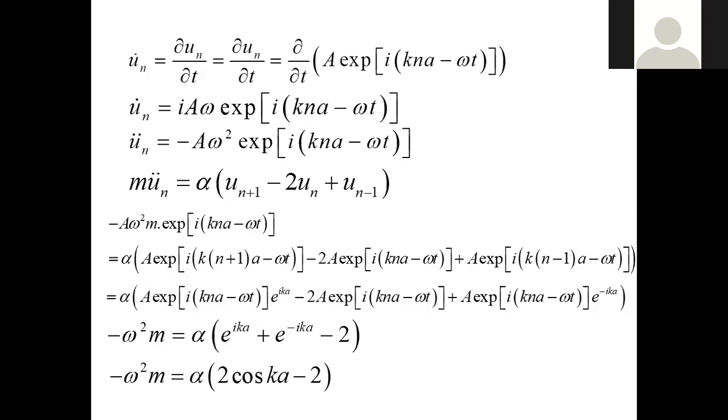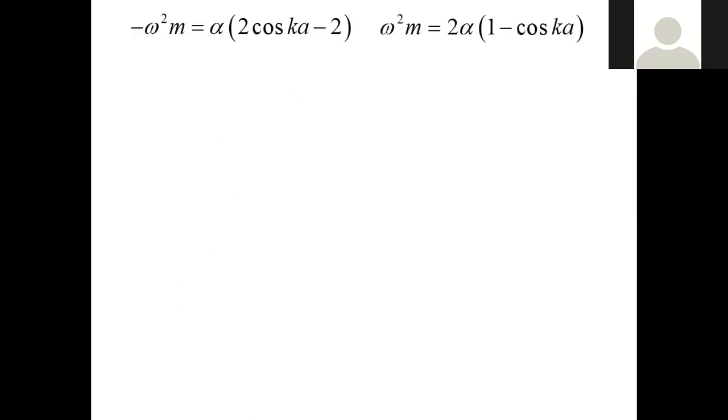So the dispersion expression comes as minus omega square m is equal to alpha within brackets 2 cos ka minus 2. Now, if you take 2 as a constant, the same expression looks like this: omega square m equals twice alpha times (1 minus cos ka).